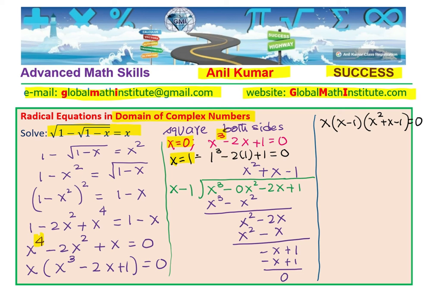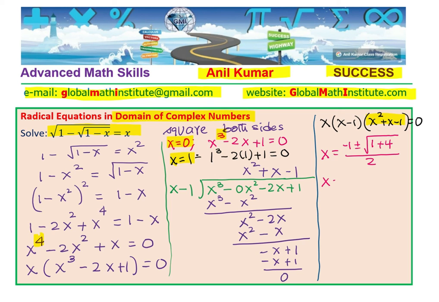So we now need to find the roots of x squared plus x minus 1. We can use the quadratic formula, since it cannot be easily factored. So we are now solving this part to find the other two solutions. x equals minus b, which is minus 1, plus or minus square root of b squared minus 4ac, so 1 minus becomes plus 4, over 2a, so over 2.